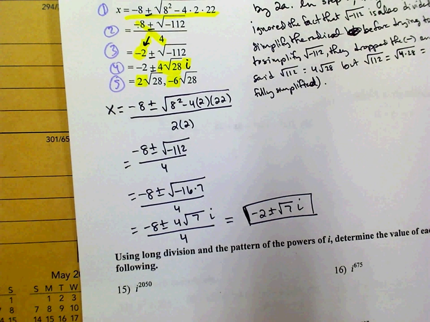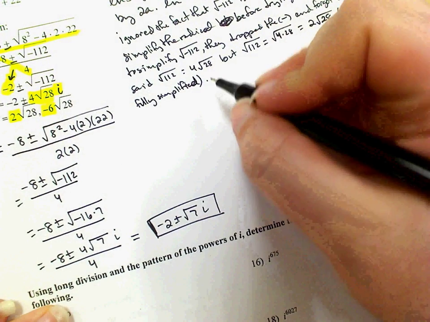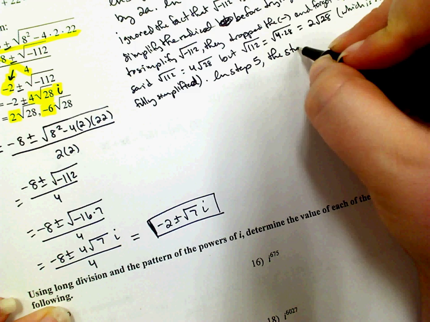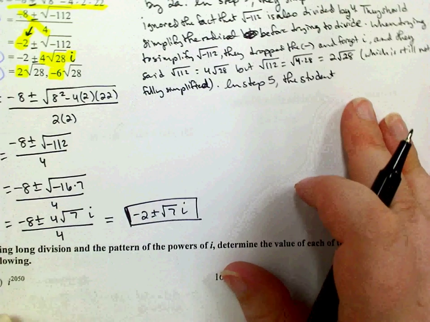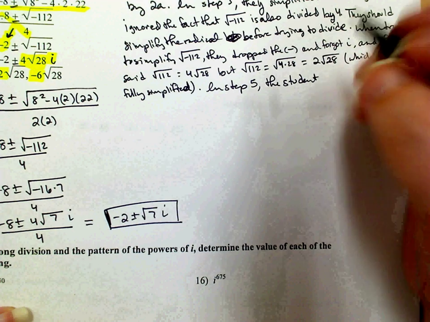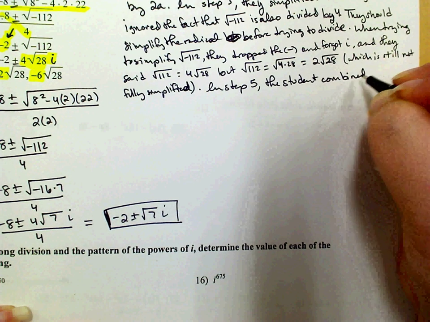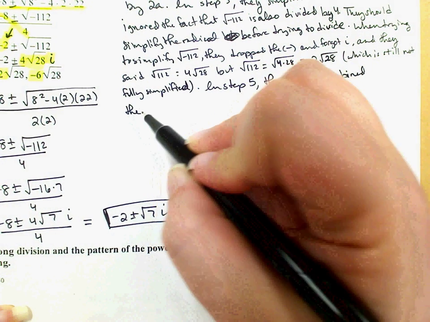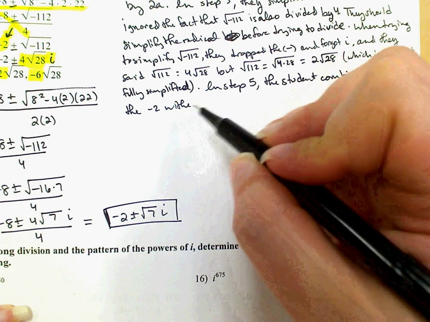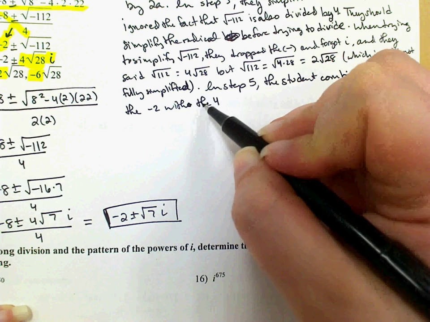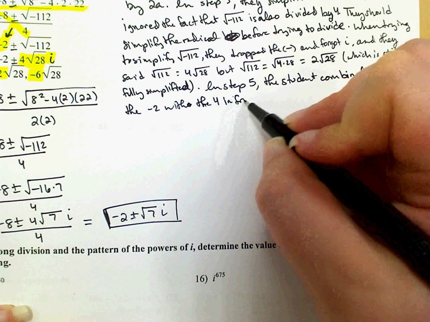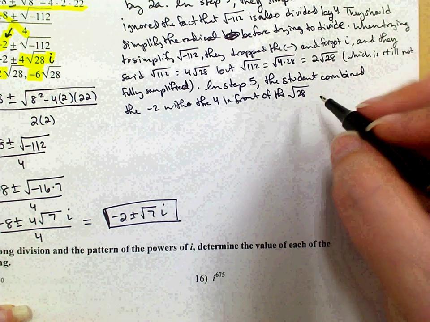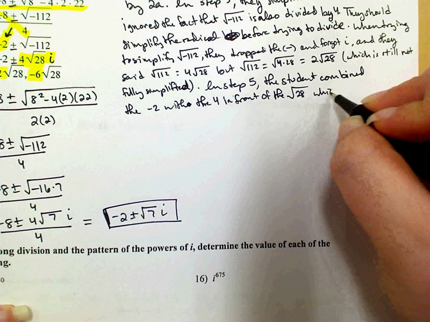So in step 5, the student combined the negative 2 with the 4 in front of the square root of 28, which is not possible.